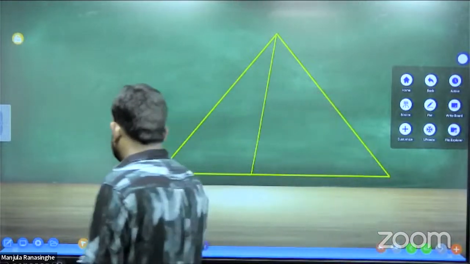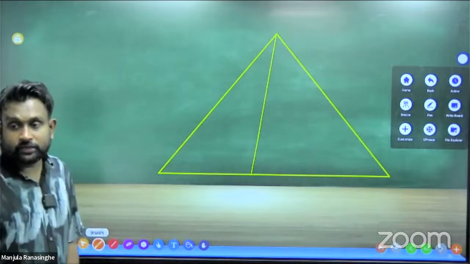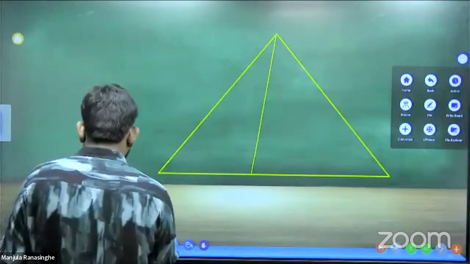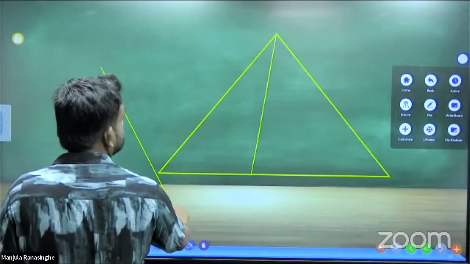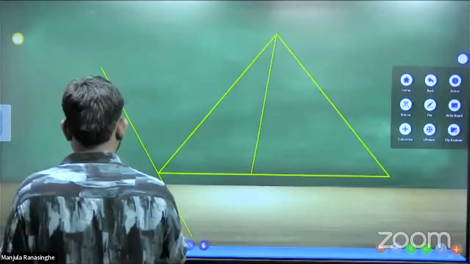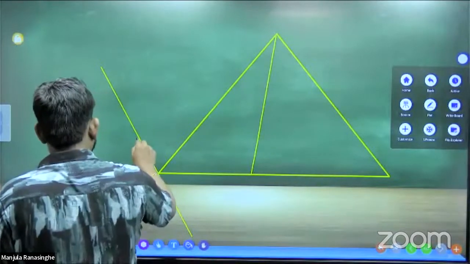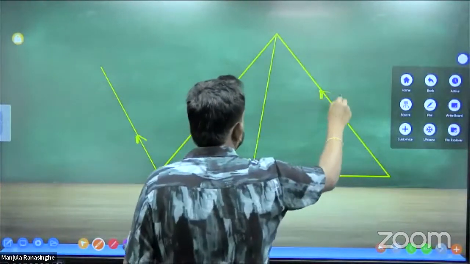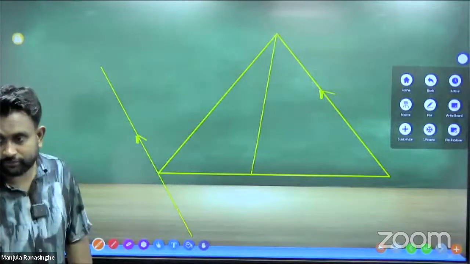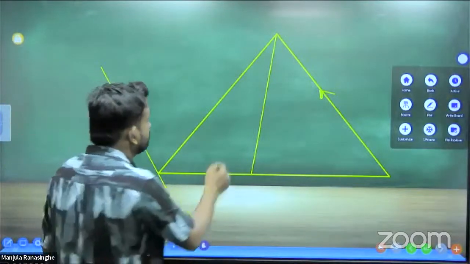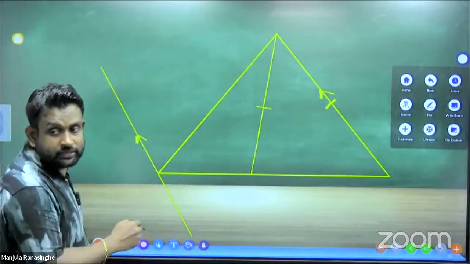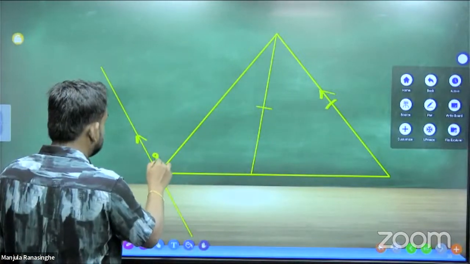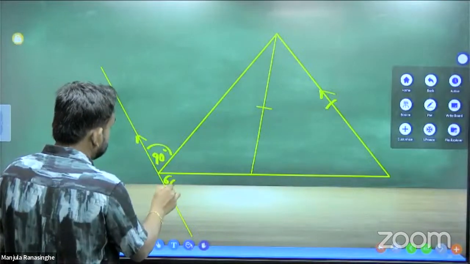And we will check what information is given here. Another parallel line is drawn here to here. These two become parallel. The information given here: these two lines are equal, these lines are equal, and here 90 and here 60 are marked.